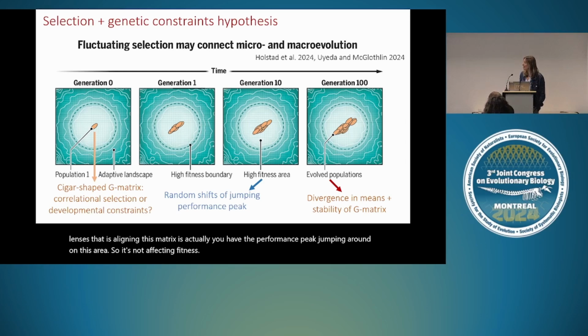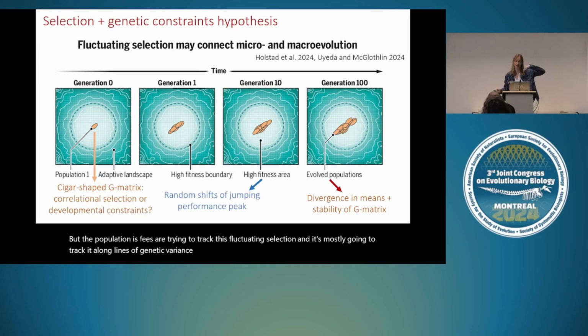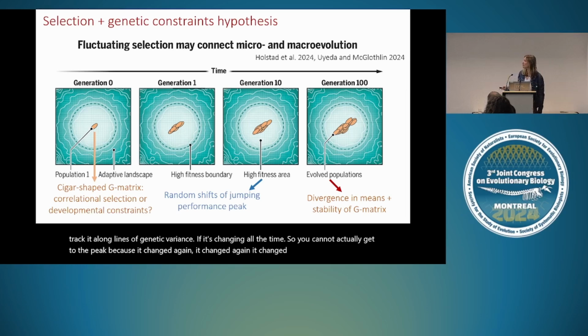But the populations and species are trying to track this fluctuating selection. And it's mostly going to track it along lines of genetic variance if it's changing all the time. So you cannot actually get to the peak because it changed again, and again, and again. And so you're pursuing it along where you have most variance.